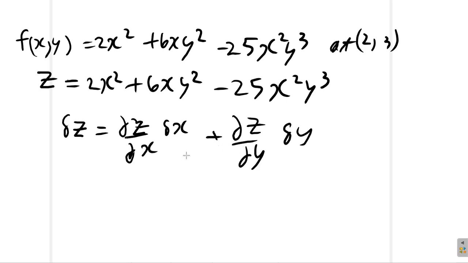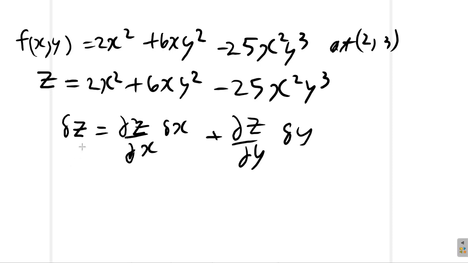Now you can see here that if you consider the cancellation of the delta z's, you have change in x and change in x as well. Just that this is a small change in x, while this is the rate at which z changes as x changes.